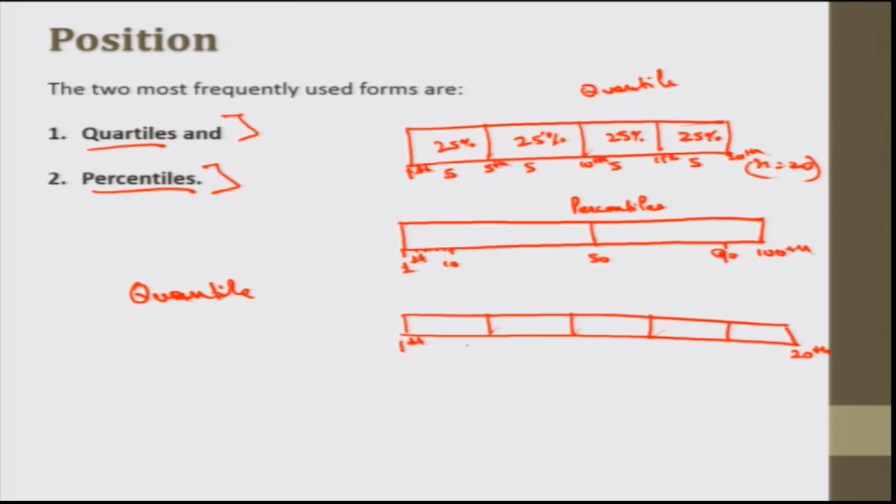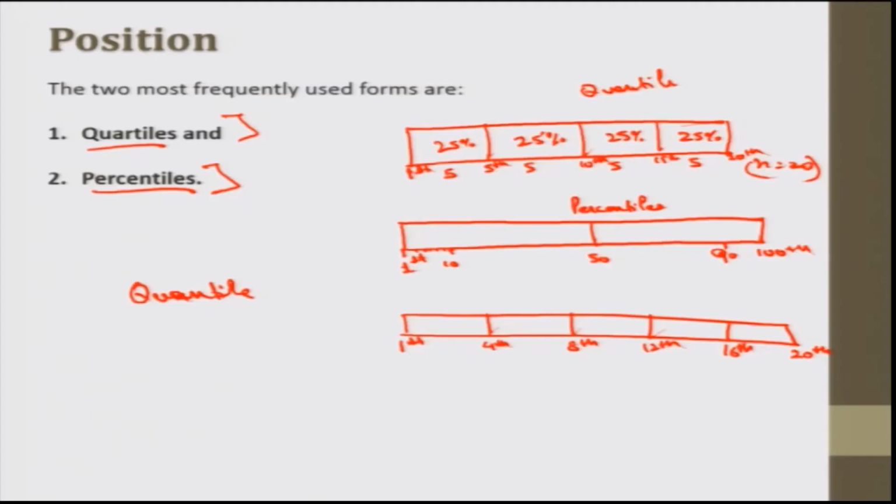Here I will have 1 to 4, 4th, then 8th, then 12th, 16th and 20th. So, this is quantile. Percentile is 100, quartile is 4, and this is the 20th quantile.